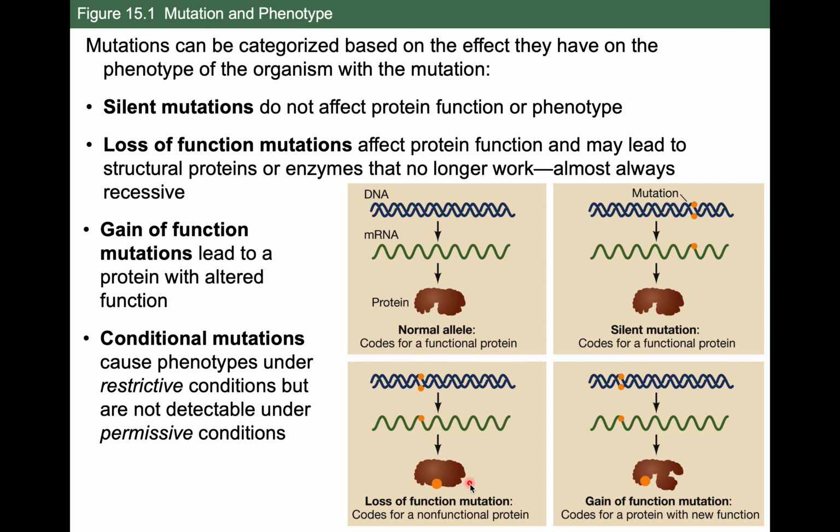And so really in terms of biology, either loss of function or a gain of function could be a problem. Because really, in most cases, our cells are pretty fine-tuned to work with a specific amount of proteins, certain levels of enzymes. And if we start reducing that through loss of function or increasing that through gain of function, it could be a problem too. I will say gain of functions are going to be much more rare than loss of functions.